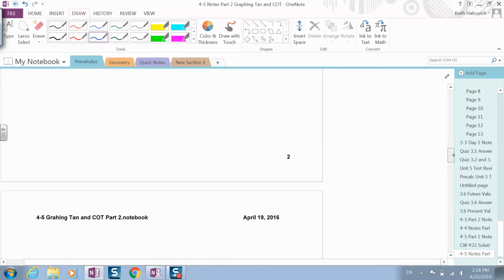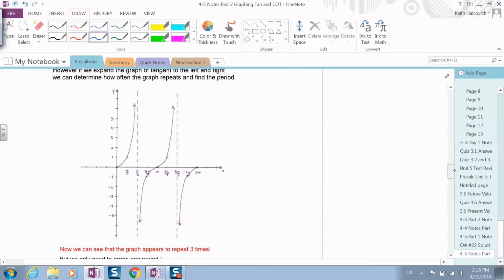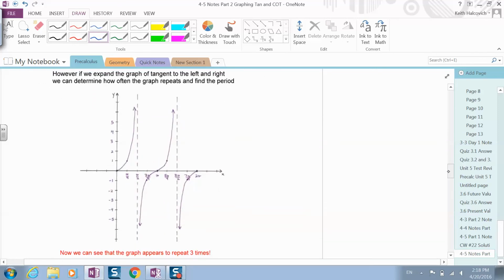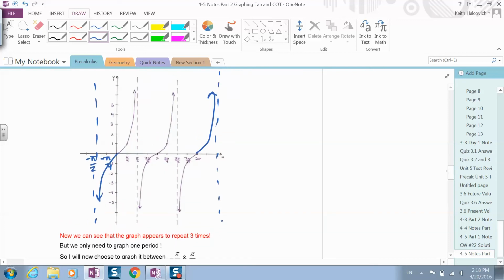Now, if I flip the page, this tells me how I expanded it to the left and right, negative pi over 4, negative pi over 2, and if I expand it that way, putting the asymptote here, notice it repeats itself about 3 times.